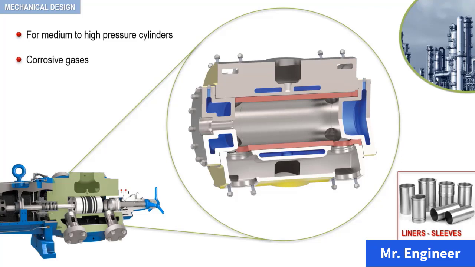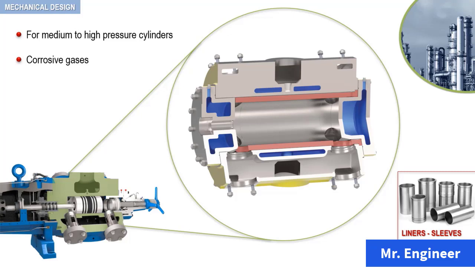Certain industry users insist on liners in their reciprocating compressors. Liners have become standard design for certain industry applications, even though the gas involved may be non-corrosive. Such a standard exists in natural gas pipeline transmission service.